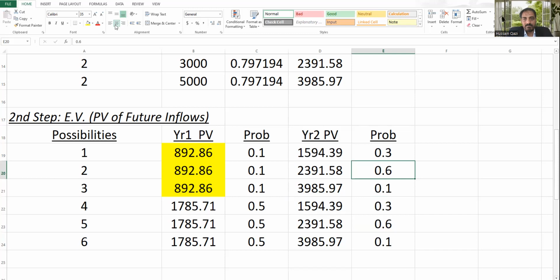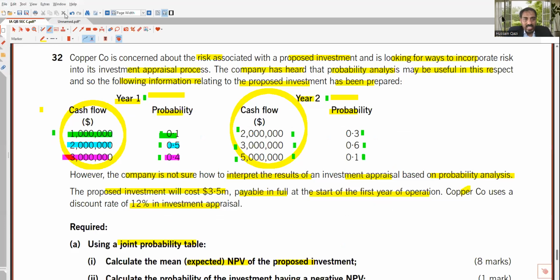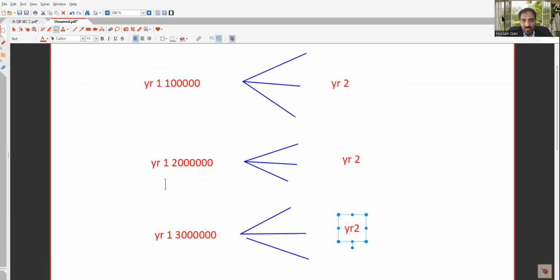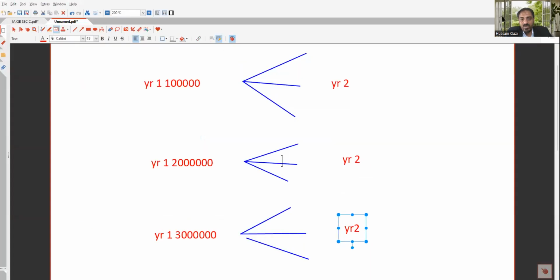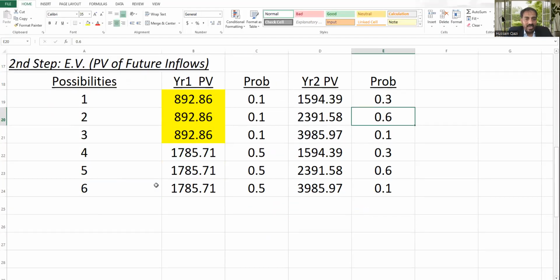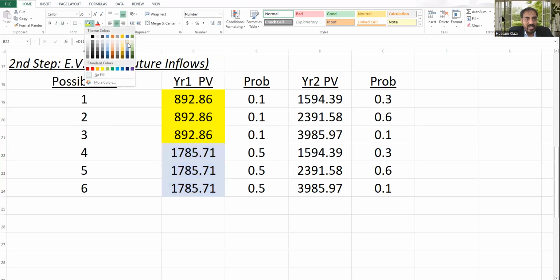Once again, so this is the sketch. Year 1, 2 million future cash flows having the present value of 1785.71 and having 3 possibilities, 3 implications of the year 2. Same, these are the points. I hope it's very clear to all of you.